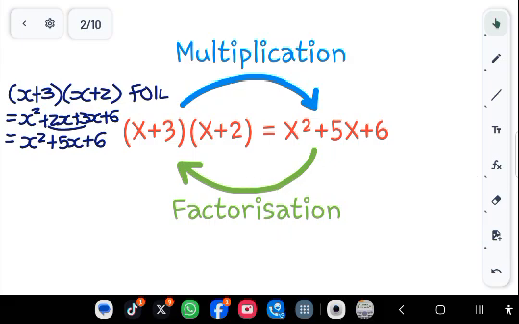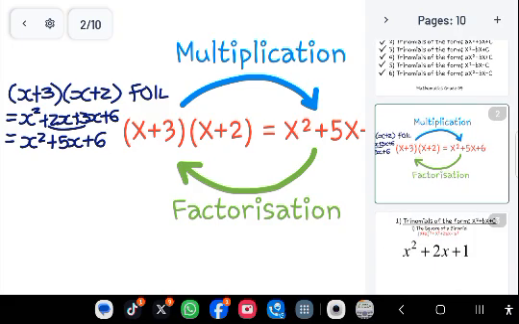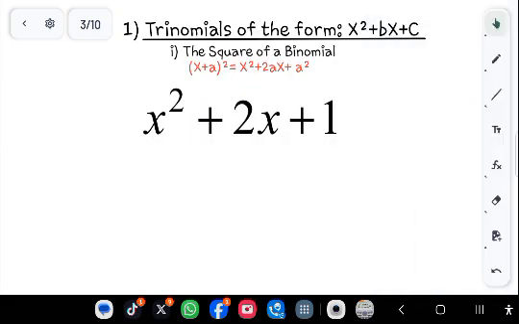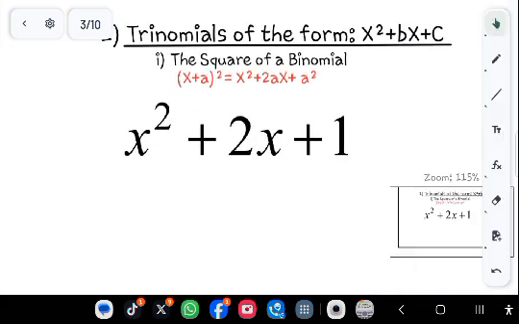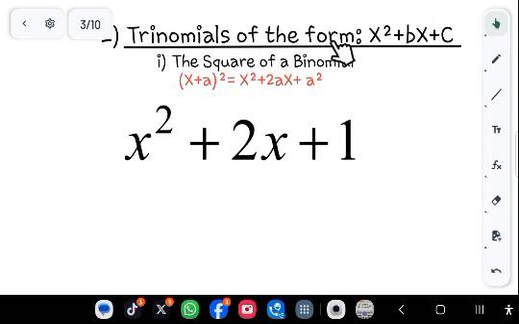We're going to take this process step by step because factorizing a trinomial can be a little complicated. You need to understand that you've got different types of trinomials. Now, the first type of trinomial we're going to look at is trinomials of the form x squared plus bx plus c. In other words, the coefficient of x squared is 1 and you've got pluses all over the place.